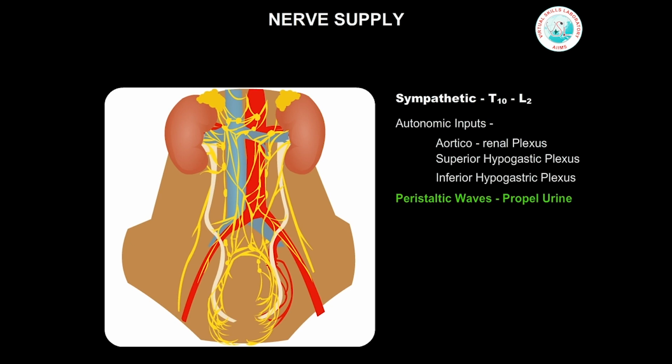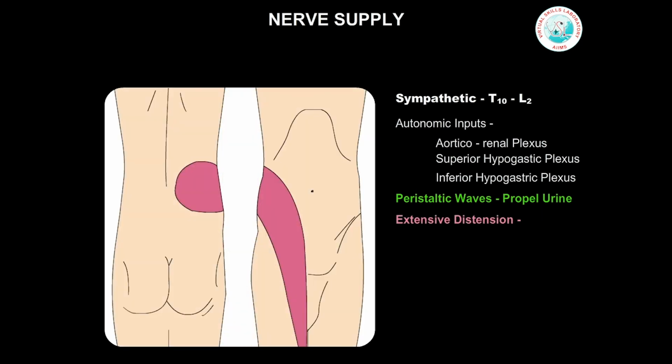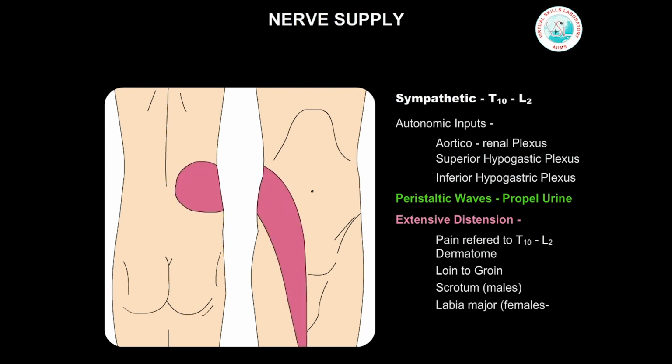The strong peristaltic waves of contraction pass down the ureter to propel the urine to the bladder. Extensive distension by a stone will provoke severe pain that is referred to T10 to L2 dermatome, that is from loin to groin, including the scrotum, labia majora and proximal aspect of thigh.